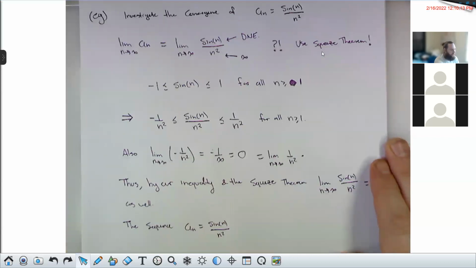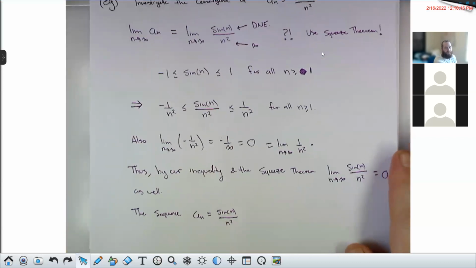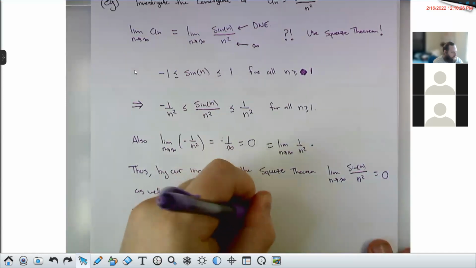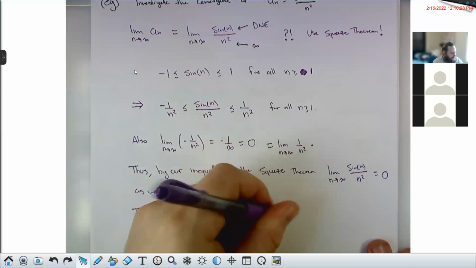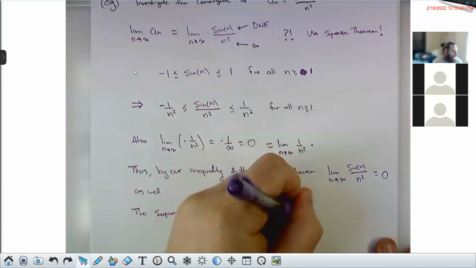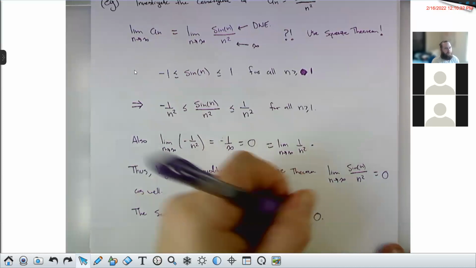Does it converge or diverge? Yeah, very good. Converges. And we can say that it converges to the number 0.